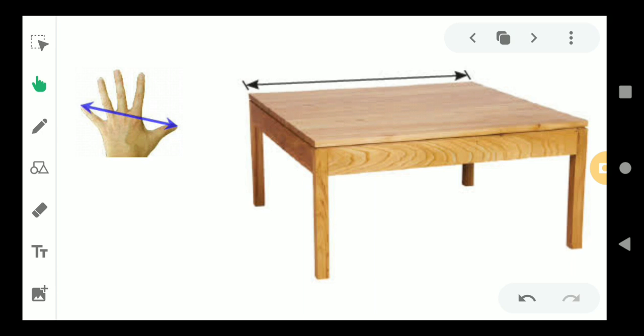Are those two measurements the same? Actually, the length of the table is the same, but there is a difference in the number of hand spans used. It is due to the difference in the size of the hand span. So, we can say that hand span is not an accurate unit to measure.